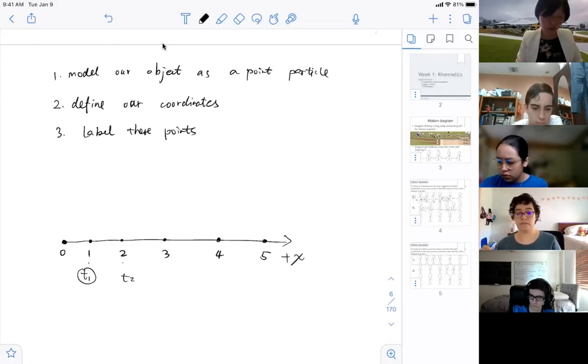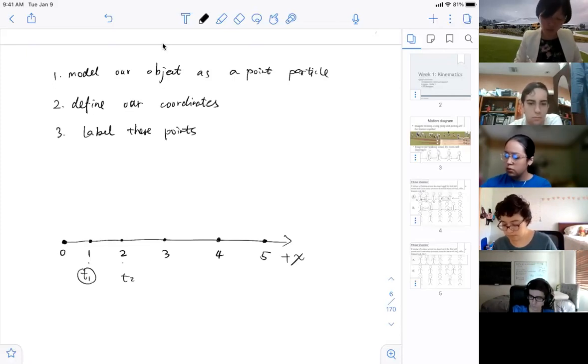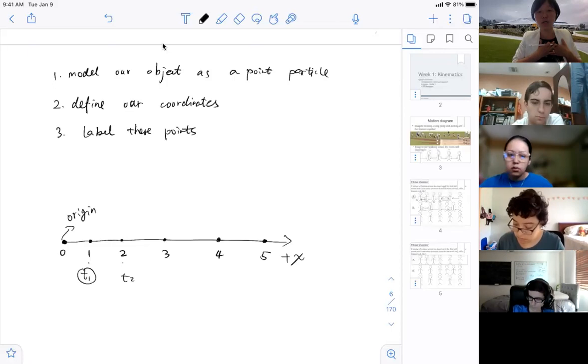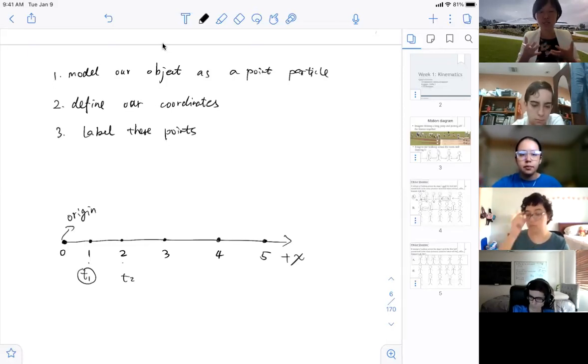So you have done all of these. And you can say, okay, this is my coordinates, this is my origin. It is usually easier to set the original place of the particle as the origin, because you can say the initial position is simply 0. And if you run 2 meters, then the next position will be 2 meters to the right, in the positive direction.